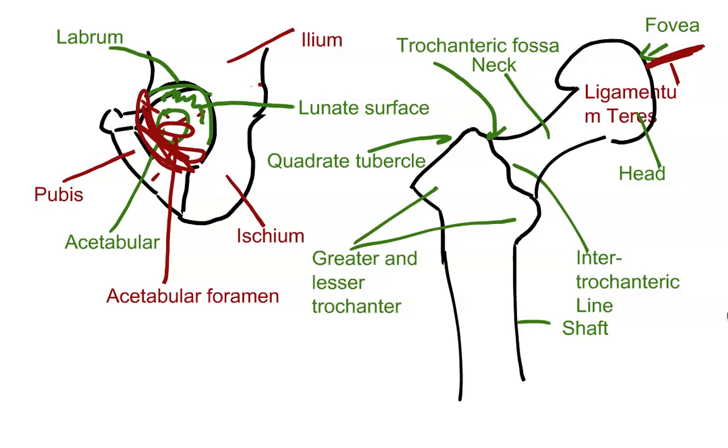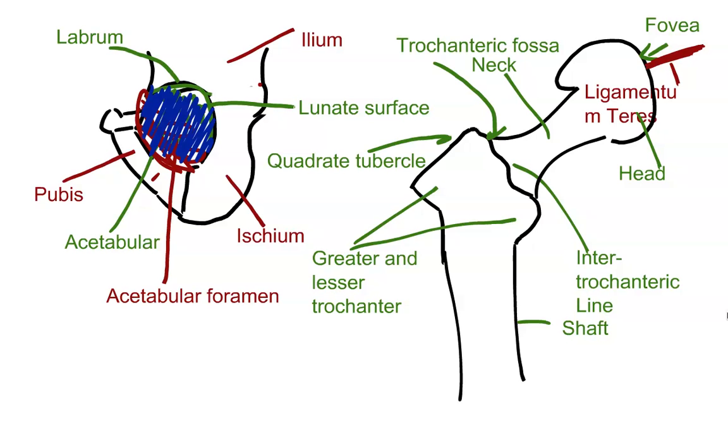So it's important to learn all of these because they're the attachments for the joint capsule of the head of the femur, although the head itself doesn't actually sit in the synovial cavity but just outside it. So there's the synovium between all of these structures and the head of the femur. And also know that the acetabular foramen is the route for the obturator artery.